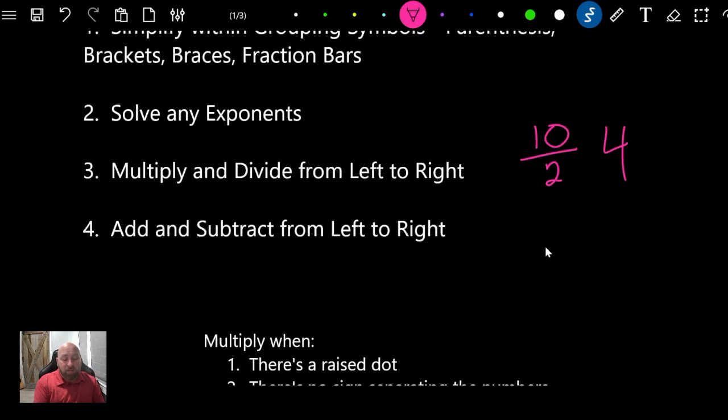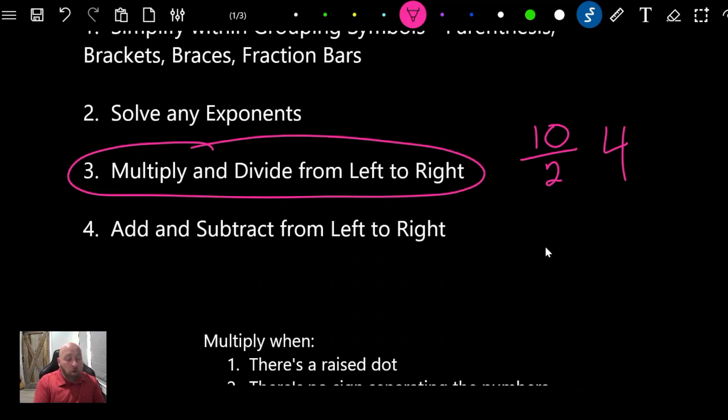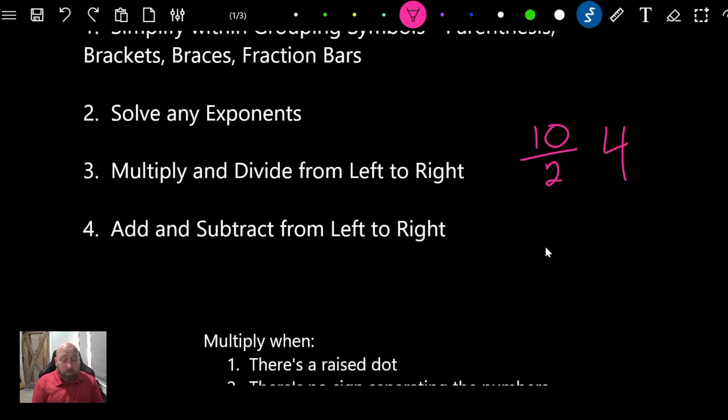So look, if I solve this, notice we're doing multiply or divide from left to right. So I have to do this one first because it's on the left. So 10 divided by 2 is 5. Look what happens if I don't do anything there. All of a sudden it says 54. Now I know that we're supposed to multiply this, right? So what do we do to help us to remember to multiply?